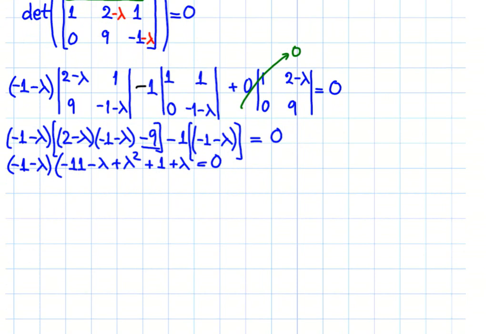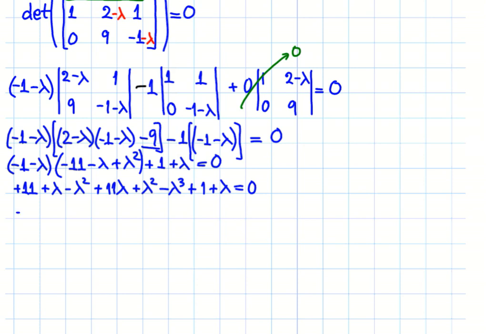Sorry, I forgot the parentheses about here. Multiply it out. Negative 1 times 11, negative 11, sorry, positive 11 lambda minus lambda squared plus 11 lambda plus lambda squared minus lambda cubed plus 1 plus lambda equal to 0.